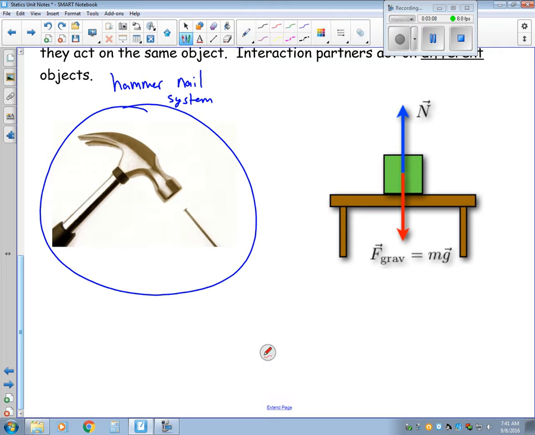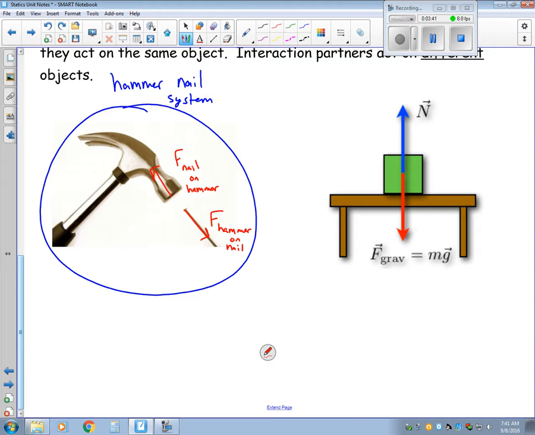So the internal forces, when this hammer strikes the nail, would be a force of the hammer on the nail, and then the nail will exert a force that is equal in strength on the hammer. So these two forces are within the hammer-nail system.